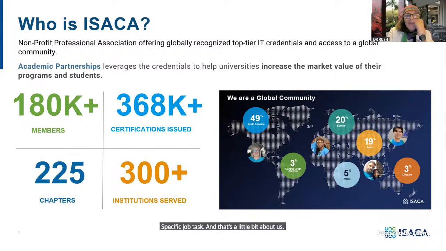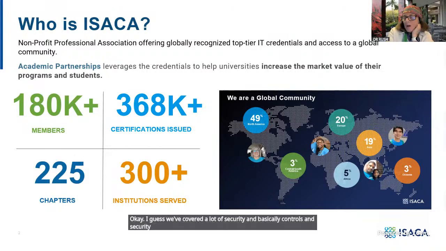Okay. And so I guess we've covered a lot of security and basically controls and security in the area. Our chief security officer came into class and talked about security, especially security at the university and how vulnerable we are.